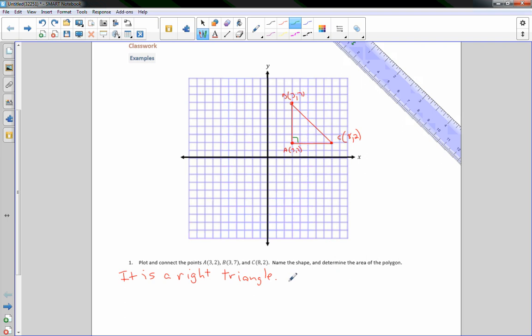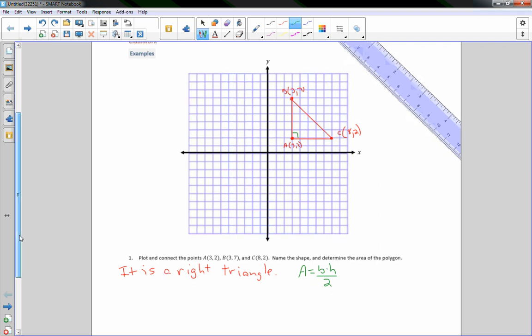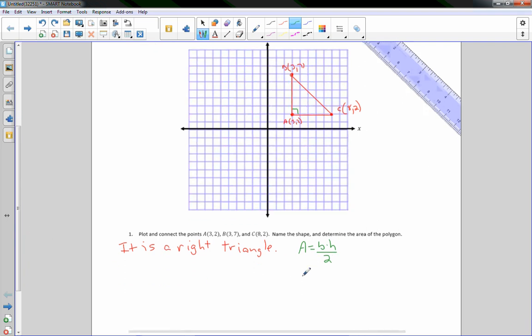So we've named the shape, and now I want to know the area of the polygon. So I'd write A equals base times height divided by 2, or 1/2 base times height. So step 1, write the formula. Step 2, substitute in the given. So the length of this side is the distance from 8 and 3, which is 5, times the height, which is the difference between 7 and 2, which is 5, all divided by 2.